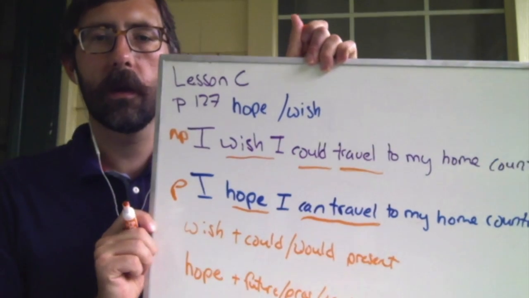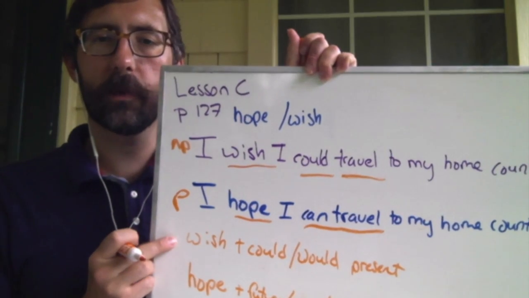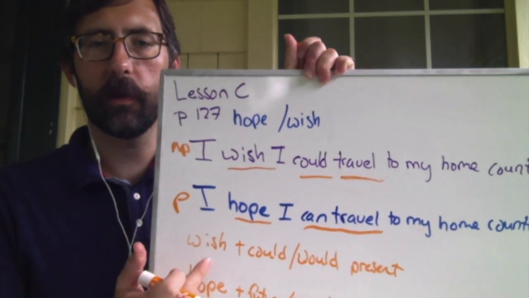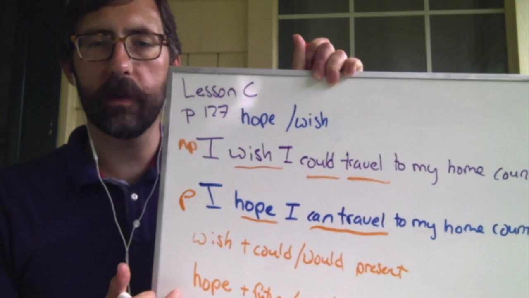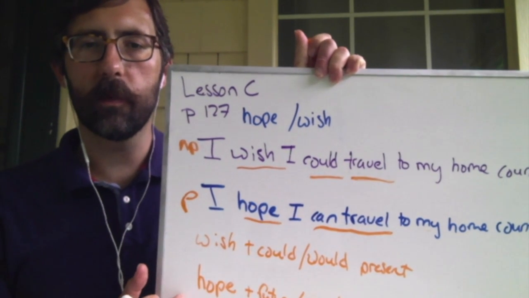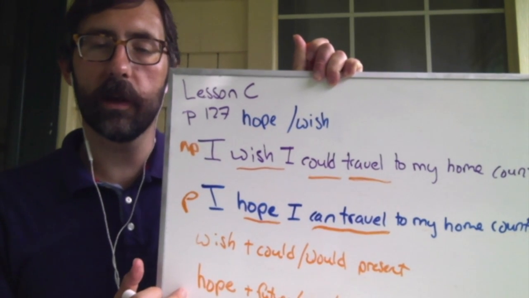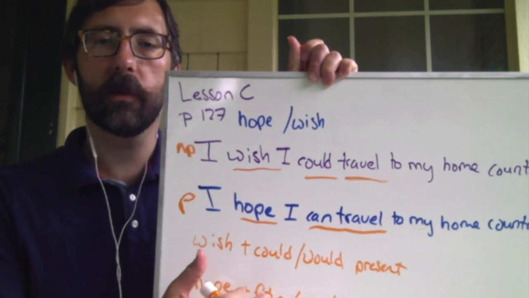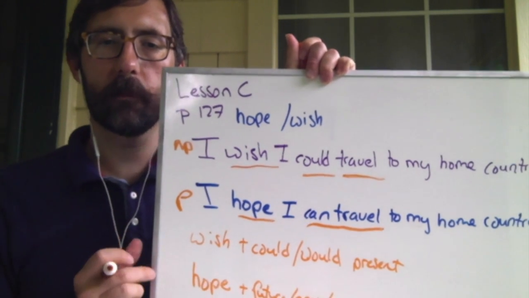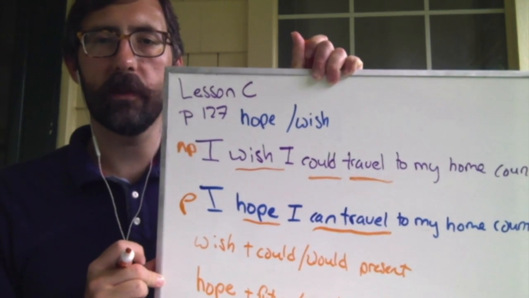Okay? Things that are not possible, I use wish: could, would, plus the simple present form of the verb. And then with things that are possible, I use hope, future, the present, or can plus the present.